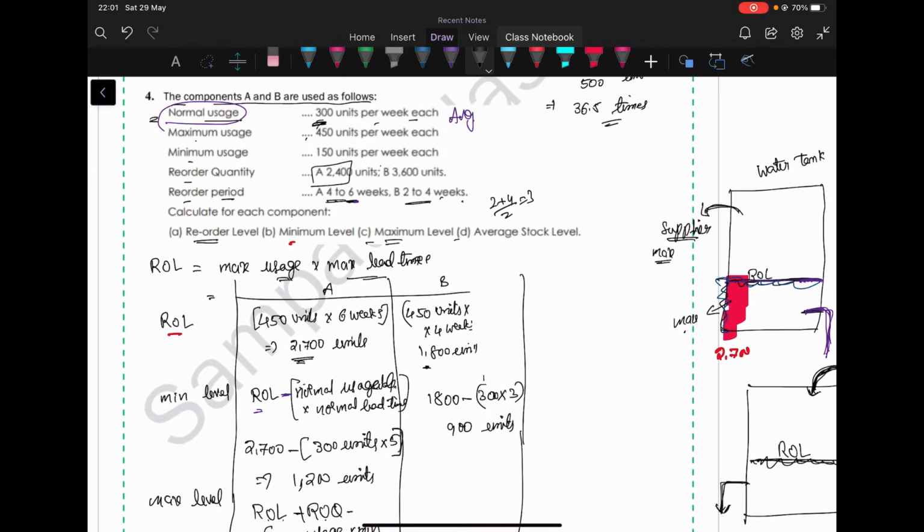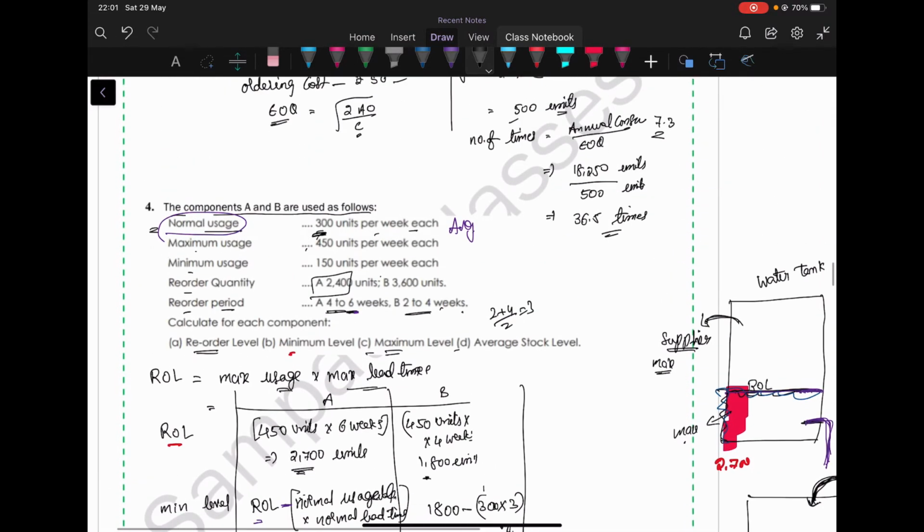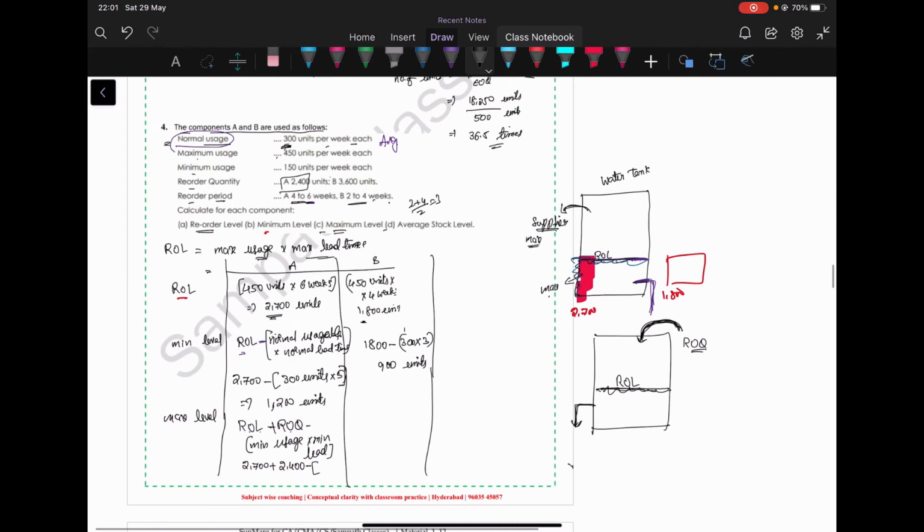Reorder quantity for the A is 2400 minus minimum usage, here 150 units, and minimum lead time for the A is 4. 150 into 4 is 600, you write somewhere 600. 2700 plus 2400 minus 600 is nothing but 4500 units, the maximum units.